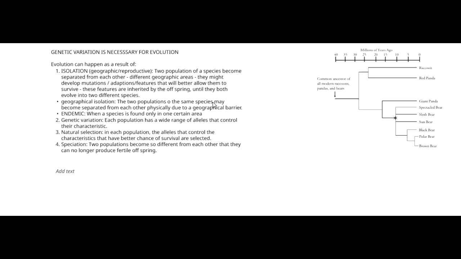This is known as speciation. Now they have both evolved into two different species. This is how the entire process of evolution happens.